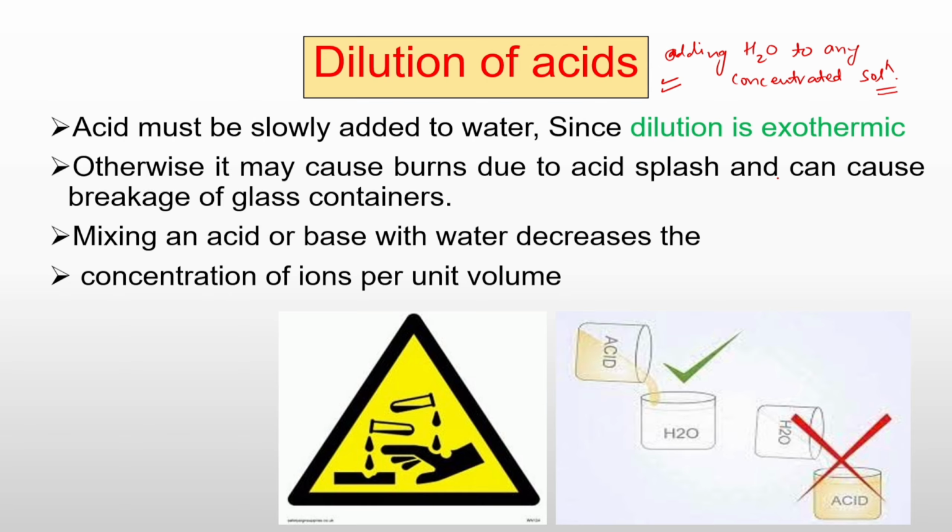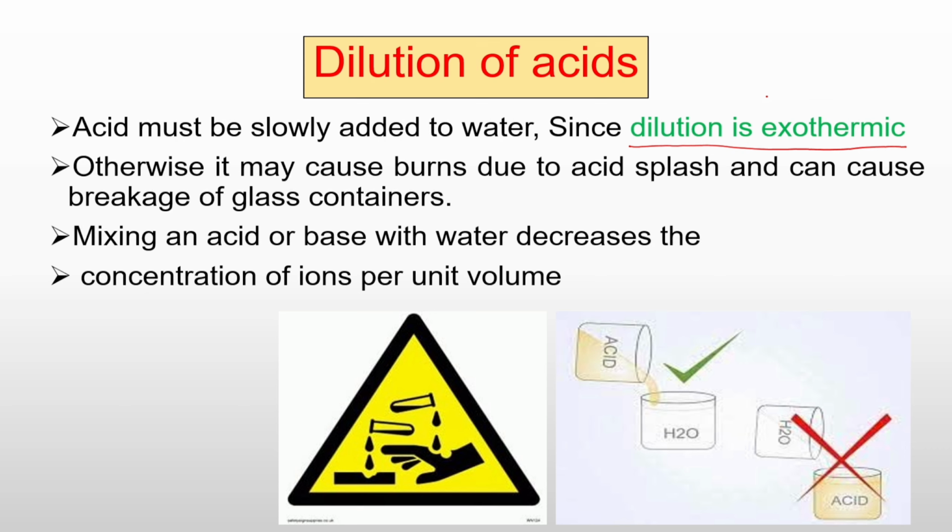So the process of adding water to any concentrated solution is called dilution. Whatever acid we purchase from the market is highly concentrated. So we need to dilute it before starting an experiment. The dilution process is very exothermic.